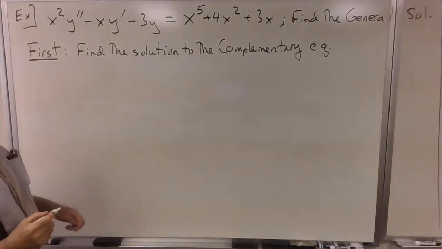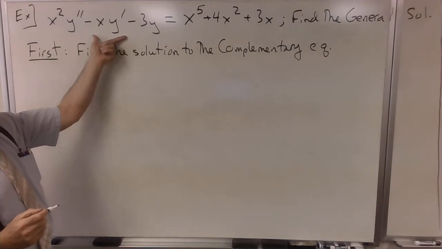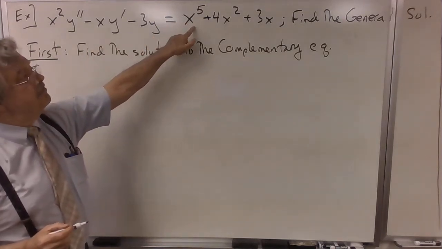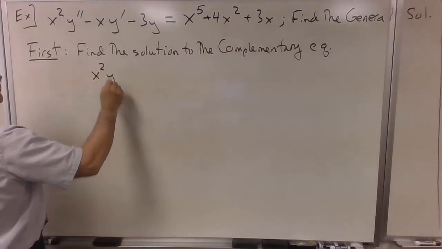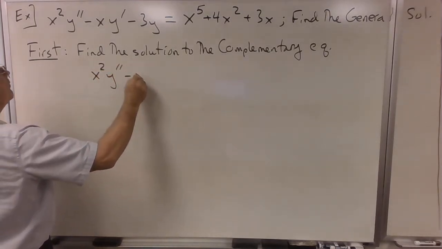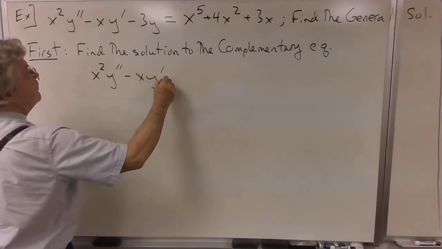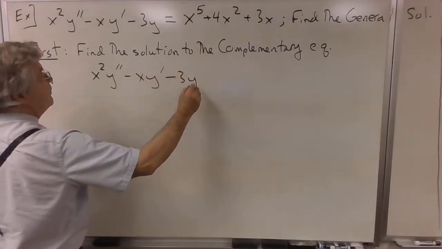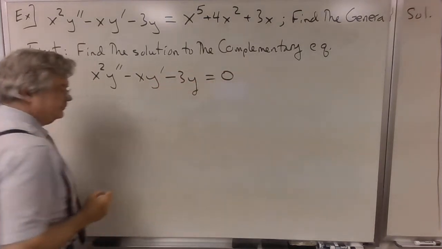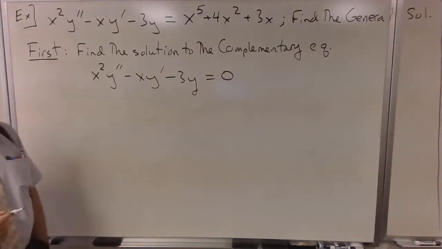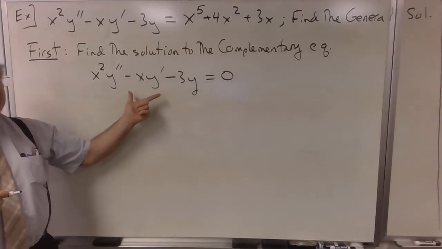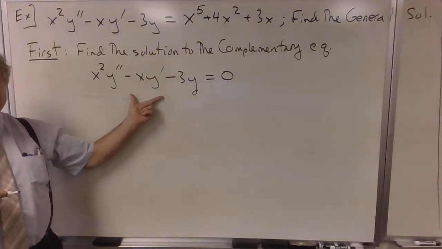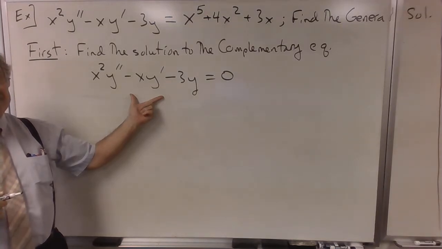And the complementary equation is just this thing with the right-hand side set to 0. Now, if you look back in your notes from a day or two ago, we've seen this before. This was also the complementary equation in our previous example.